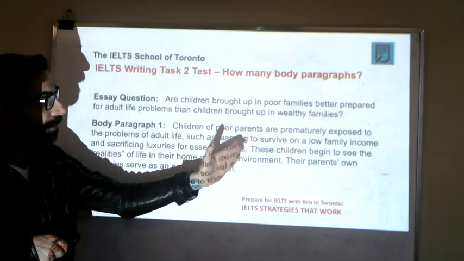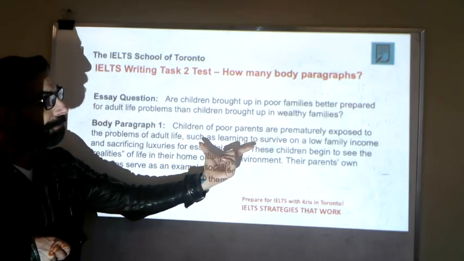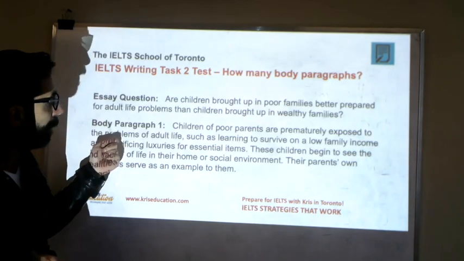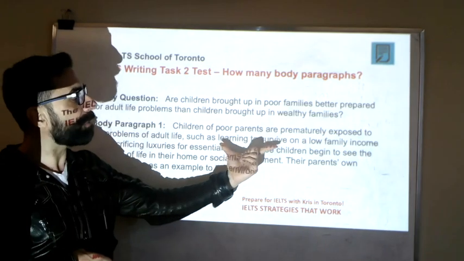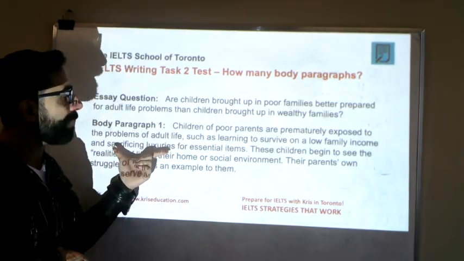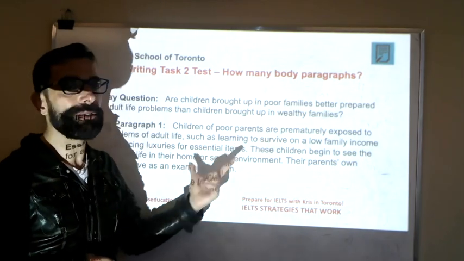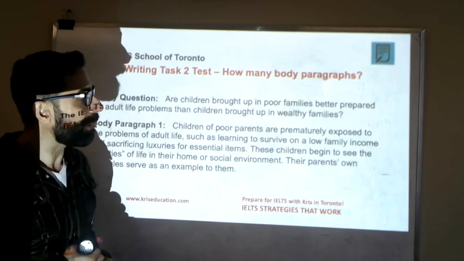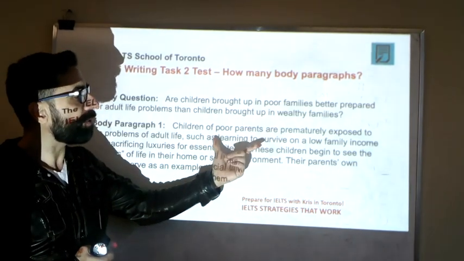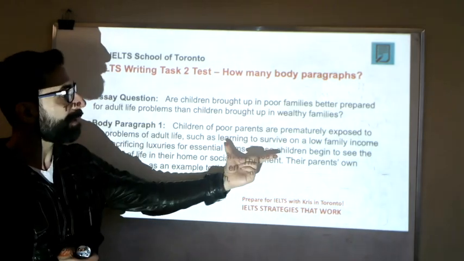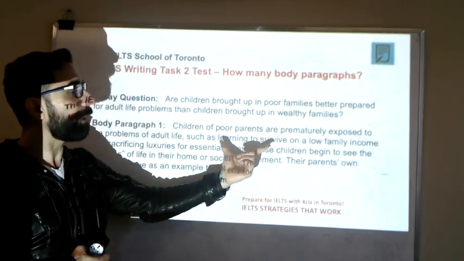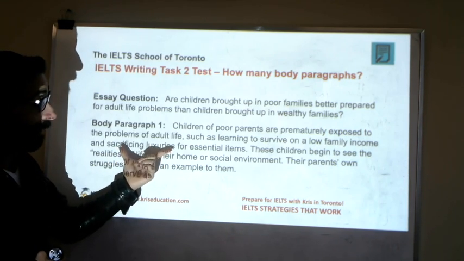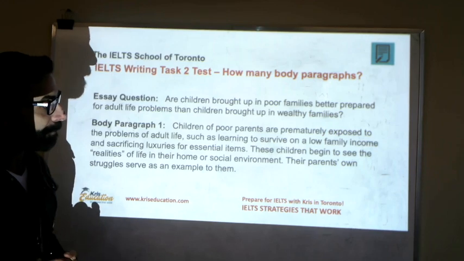And it is in the second sentence, in this case, this is part of the sentence, but it can also be a second sentence, where you explain what you mean by these problems. And the problems are explained here. So in the second sentence of the paragraph, it is a good idea to clearly explain, by giving practical examples, what you mean. In this case, problems: surviving on a low family income, or sacrificing luxuries for essential items.